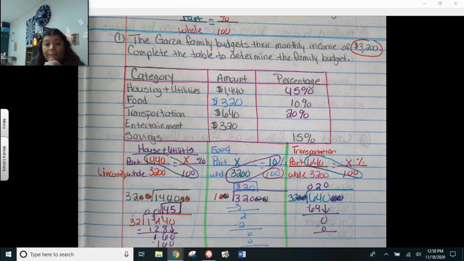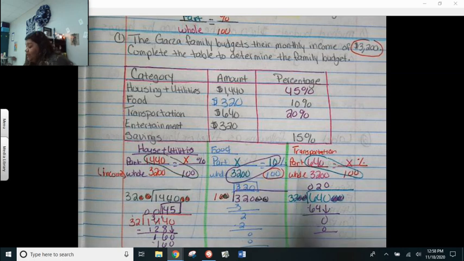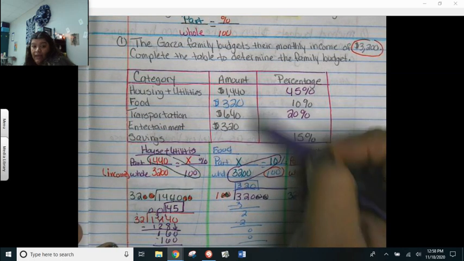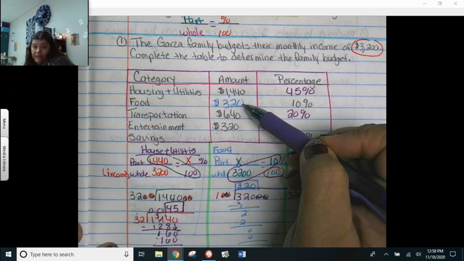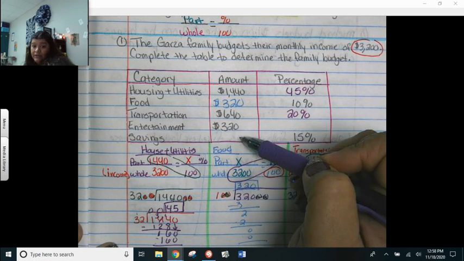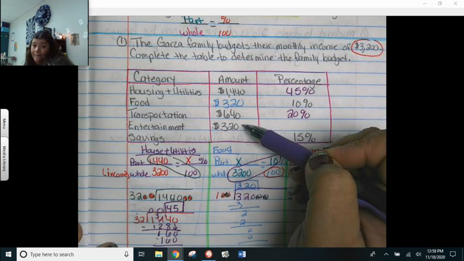Now look at entertainment. I mean, really look at entertainment. Do I have to solve for entertainment? No, because take a look. I already solved for food, and this person spends the same amount of money on food and entertainment. They're both 320.